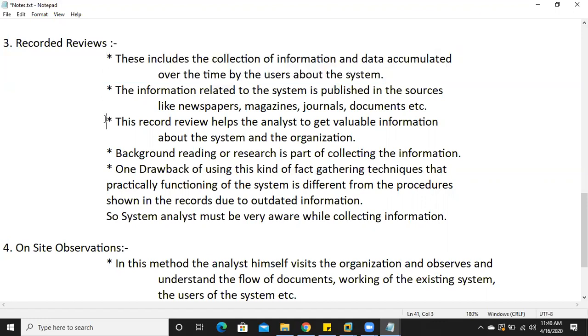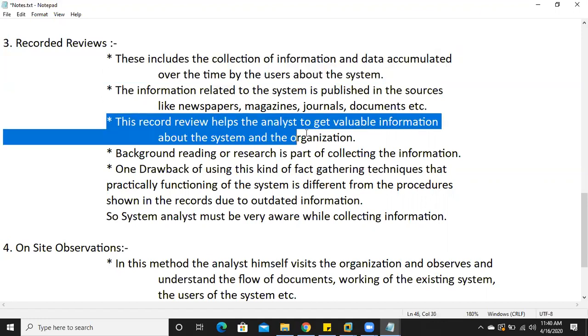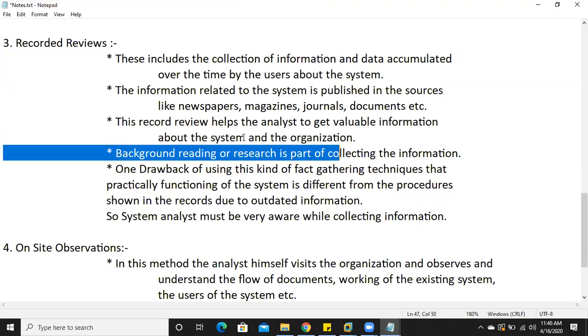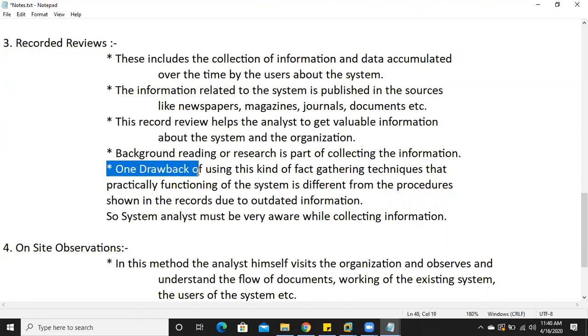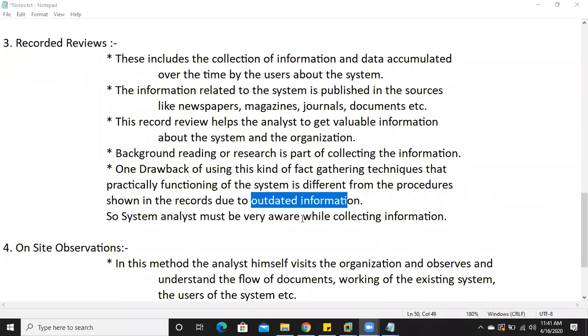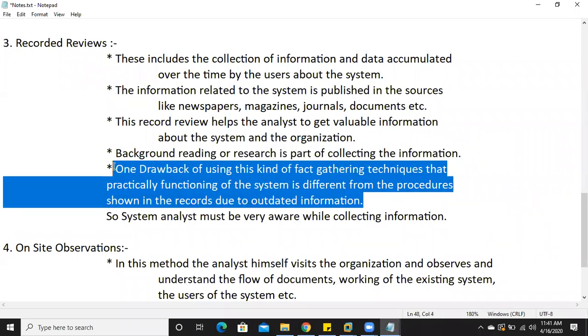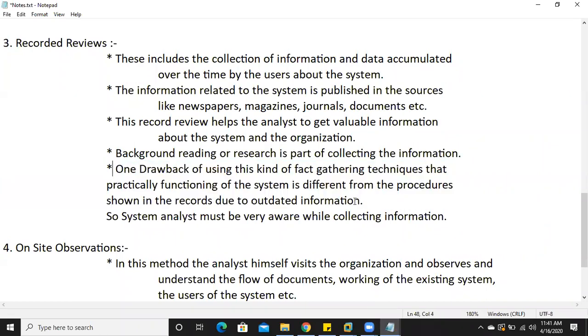These kinds of records are very valuable, because sometimes more experienced users collect this data. We have also discussed the drawback: sometimes outdated information is collected by the system analyst, which might result in problems due to wrong information.